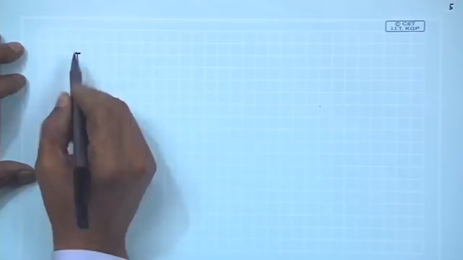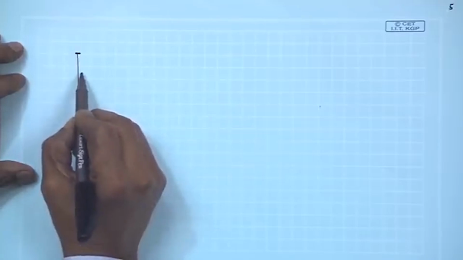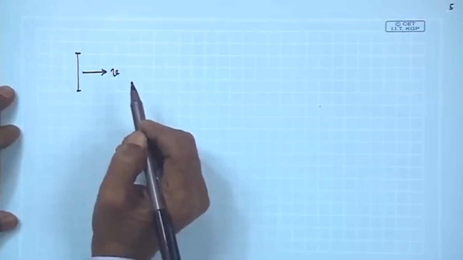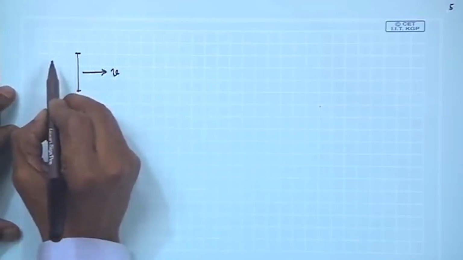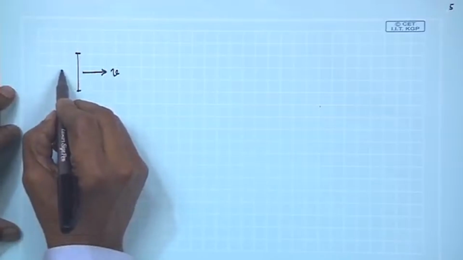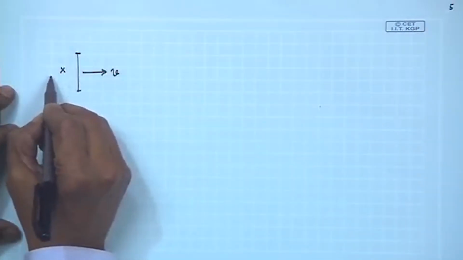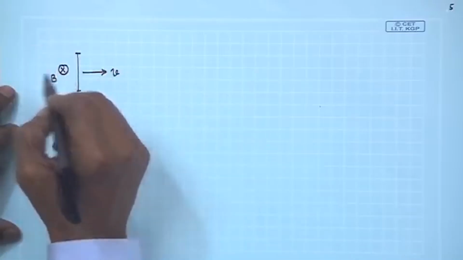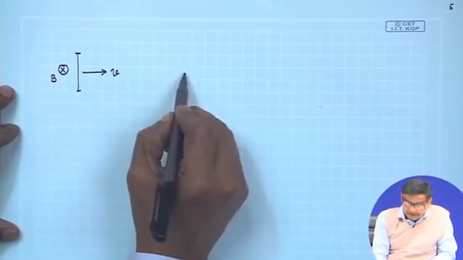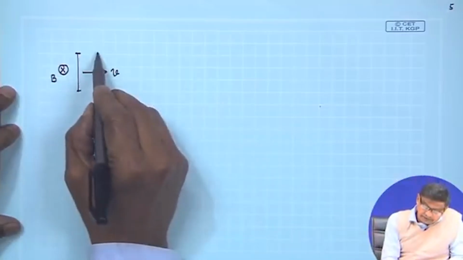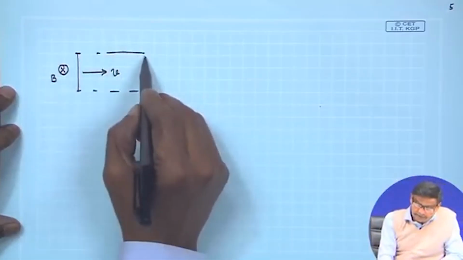Suppose you have a straight conductor of finite length, and it is moving with some velocity v, and let there be a magnetic field present all along the plane of the paper, whose strength is B into the paper. So this cross is into the paper, velocity is like this, and the length of the conductor is L.